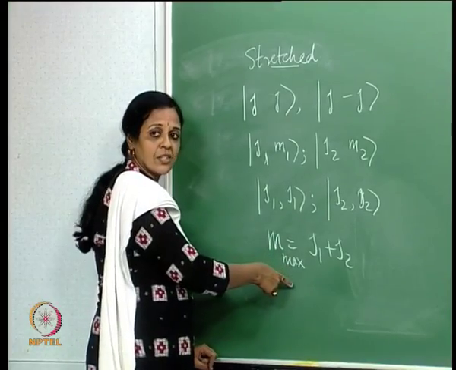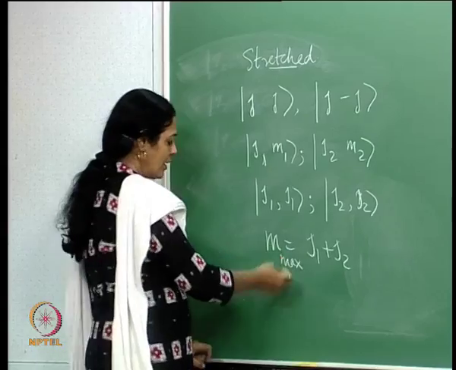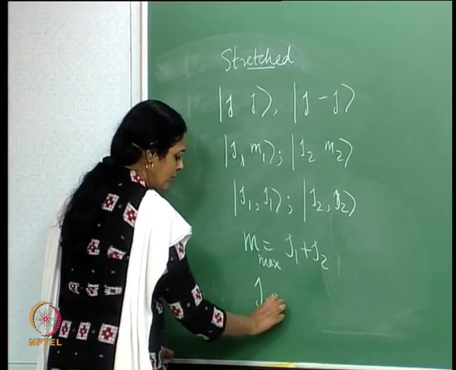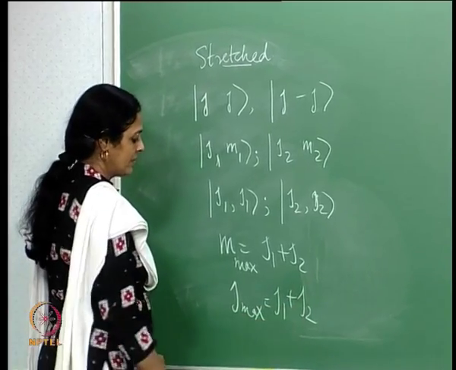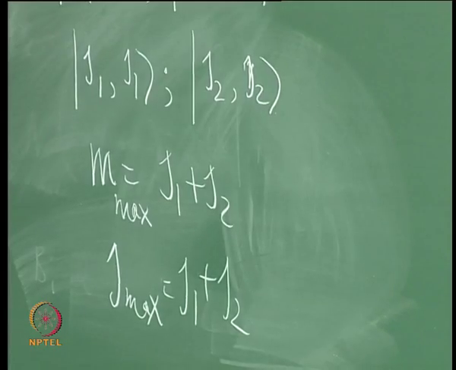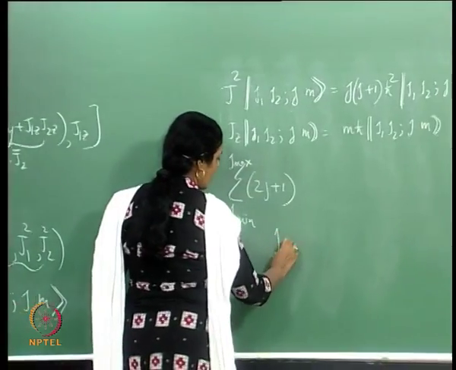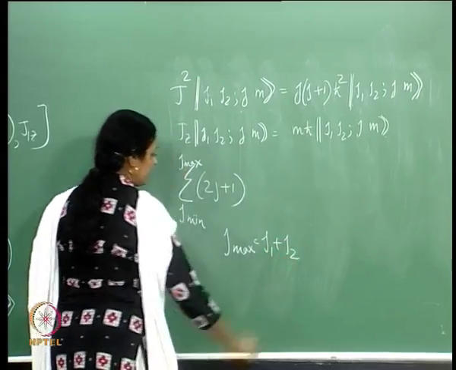If m takes this maximum value, clearly j should at least be equal to m, and therefore the maximum value that j takes is j1 plus j2. So in my summation here, j max is j1 plus j2.